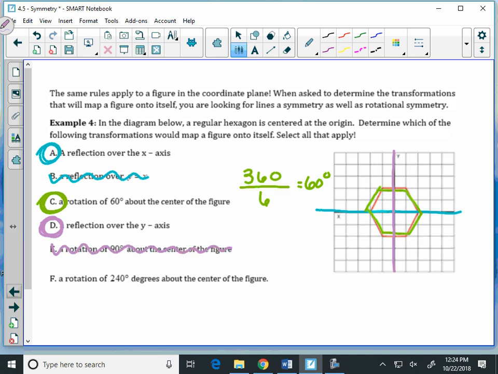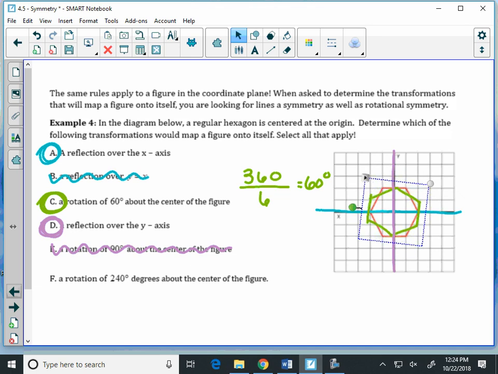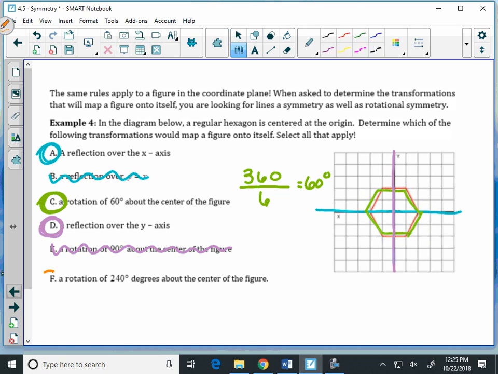But what about 240 degrees? How does 240 work? Yeah. Perfect. 240 degrees. If you go back to the beginning, just as Parker said, that's 4 60-degree rotations. There's one 60, another one makes 120, another one makes 180, another one, our fourth one, makes 240. So that does map onto itself.